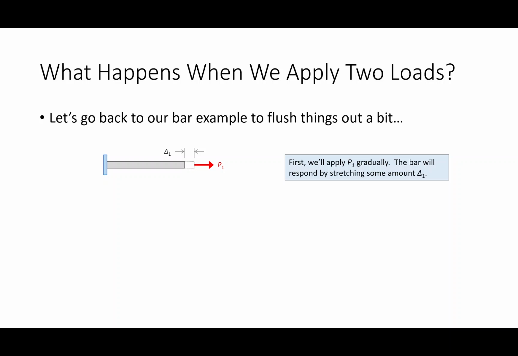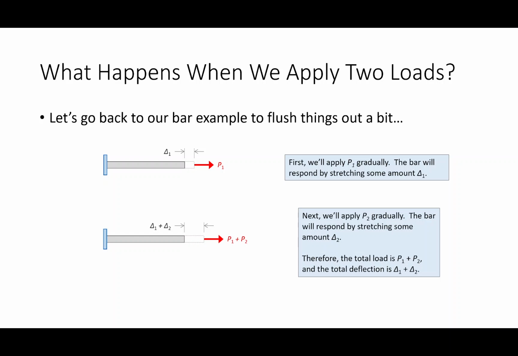Then what I will do is put on top of that P2. If I put P2 on top of that, it then responds by stretching an additional amount, delta 2, right? So phase 1 is putting this on, phase 2 is adding this on top of it. So after phase 2, that's the total load, that's the total deflection.